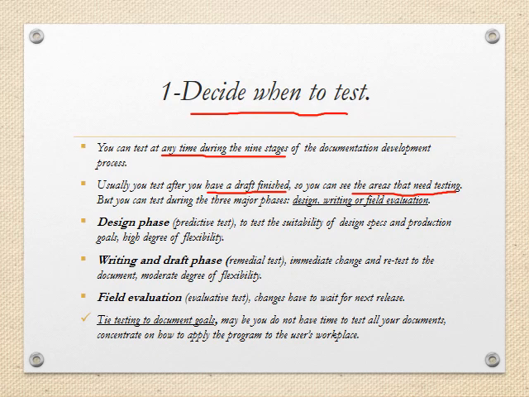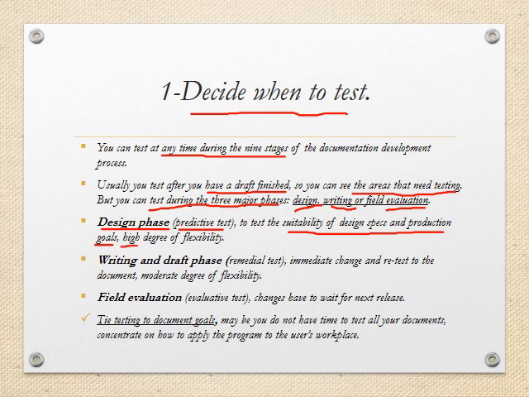But in general, writers can test during the 3 major phases: design, writing, and field evaluation. First, during the design phase, we call it a predictive test. We test to see the suitability of the design specification and the production goals. During this phase, we have high degree of flexibility.